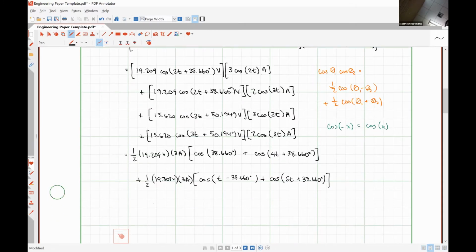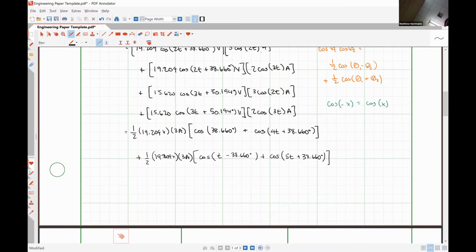All right, for our third term, I'm going to have 15.620 volts times 3 amps cosine, let's see, so this is 3t minus 2t is positive t plus 50.194 degrees, plus cosine, 3t plus 2t is 5t plus 50.194 degrees.